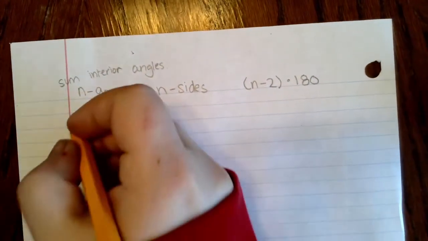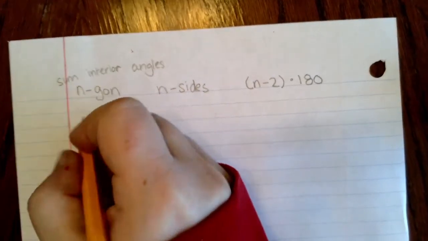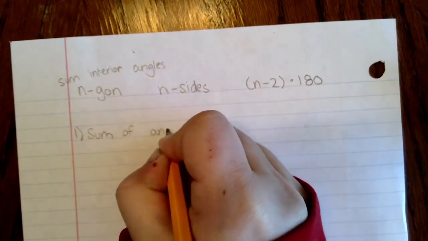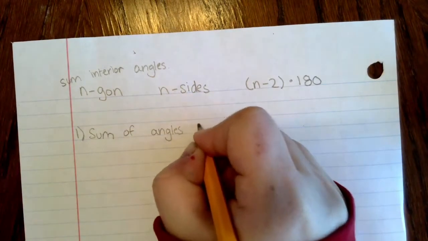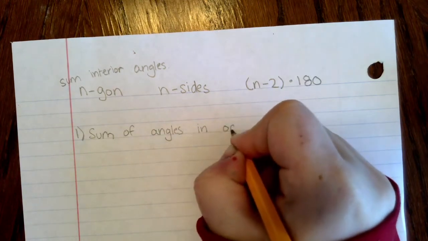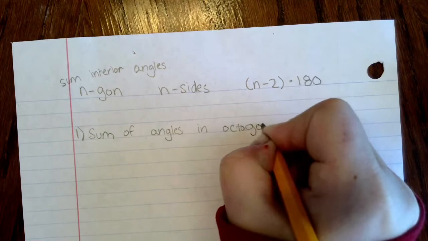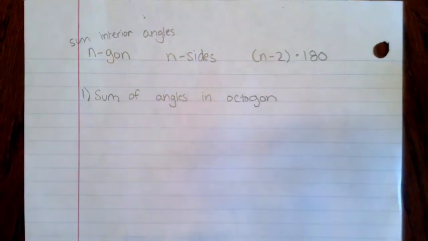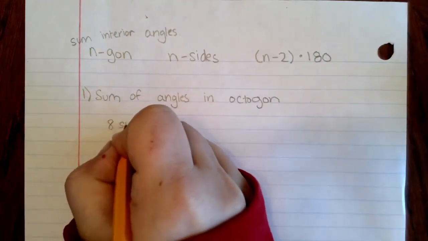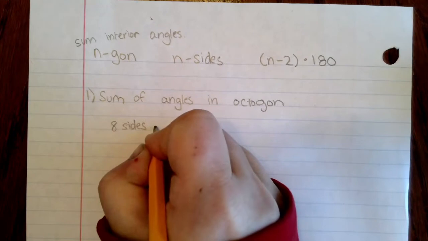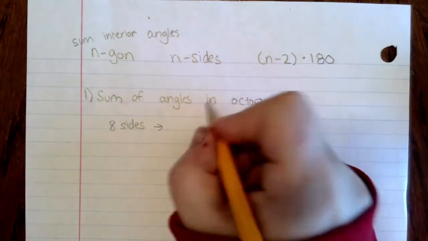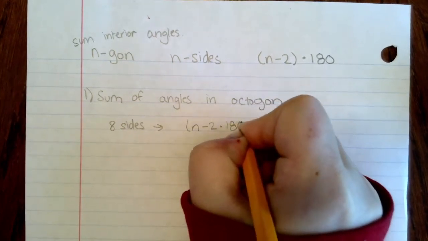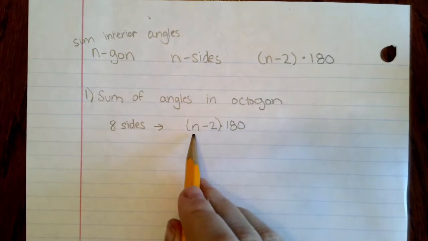Okay, so for example 1, find the sum of the angles in an octagon. An octagon has 8 sides. So we're going to use our formula, n minus 2 times 180, and plug in 8 for n.